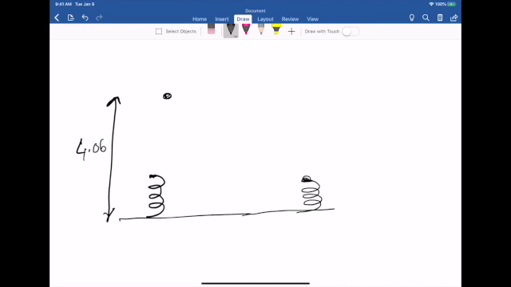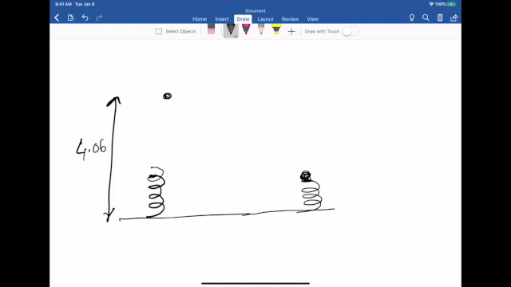The spring and the ball are now at a lower height, and this is where the ball basically stops, compressing the spring. The question is asking how much will the spring compress before the ball stops. So initially, let's just make another coil of the spring.